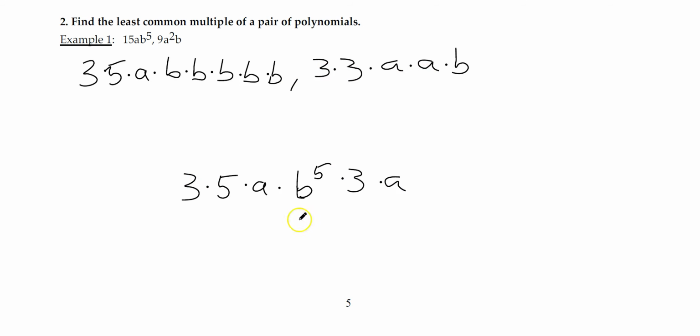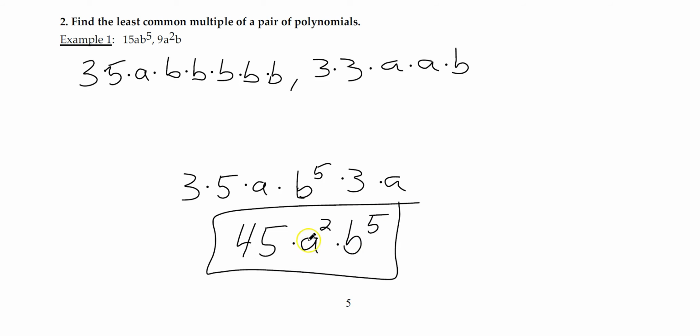So now, looking at this expression, this first term can see itself reflected in it, and the second term can see itself reflected in it. This is the least common multiple. That is 9 times 5, 45, a squared, b to the 5th. Of course, the answer in the back won't have the times symbols.